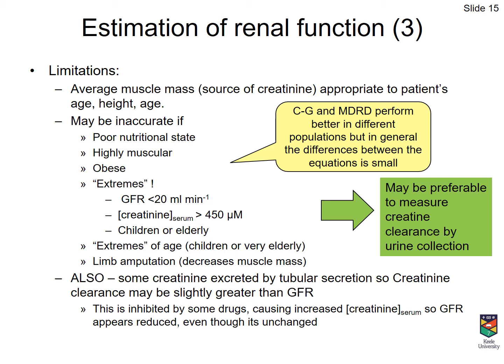And so that means that the rate at which creatinine is actually cleared from the body isn't identical to the glomerular filtration rate. It's also worth bearing in mind that some drugs can inhibit the creatinine pump, and so that will then alter the rate at which creatinine is cleared, and as a consequence the concentration of creatinine in serum might not again accurately reflect the rate of clearance.